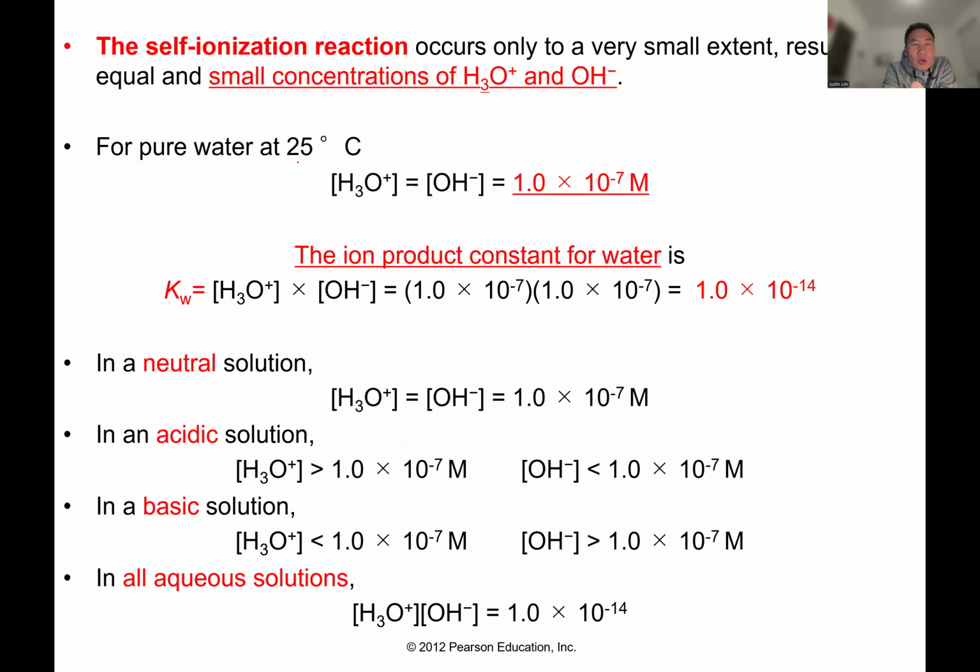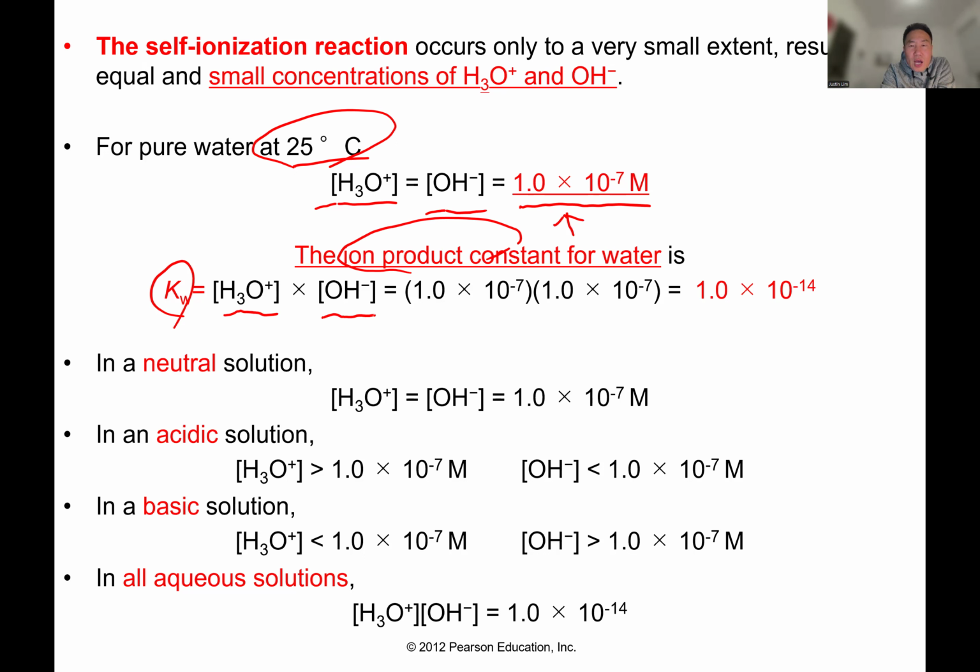So for pure water at 25 degrees Celsius, the concentration of hydronium ion equals the concentration of hydroxide equals 1.0 times 10 to the negative 7 molarity. Memorize these concentrations at 25 degrees Celsius. The ion product constant for water, Kw, equals the concentration of hydronium times the concentration of hydroxide.